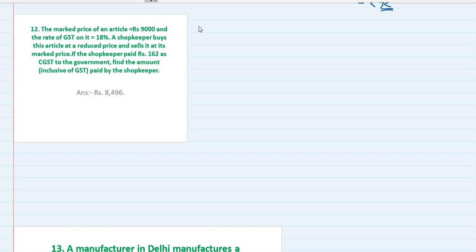See how I'm solving it. Let the CP of the shopkeeper be rupees X. Let the cost price of the shopkeeper be rupees X. So he is buying this article at rupees X, which is of course less than 9,000.